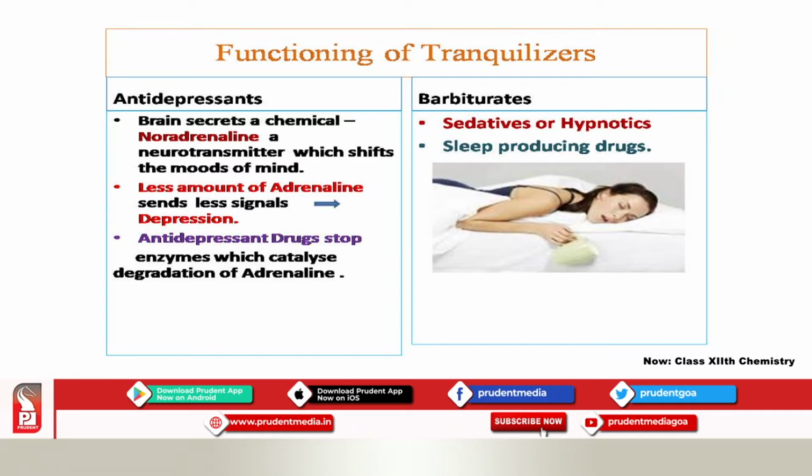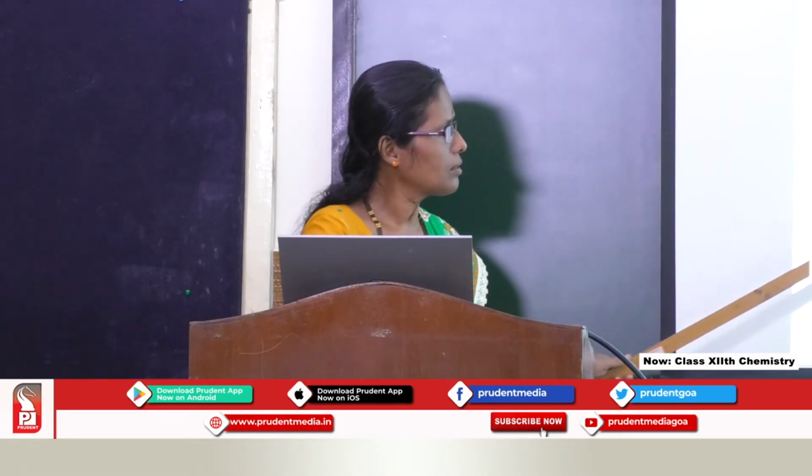Antidepressant drugs, when taken, will stop those enzymes which are responsible for destroying noradrenaline. If those enzymes are tackled by the drugs, they are called antidepressant drugs.